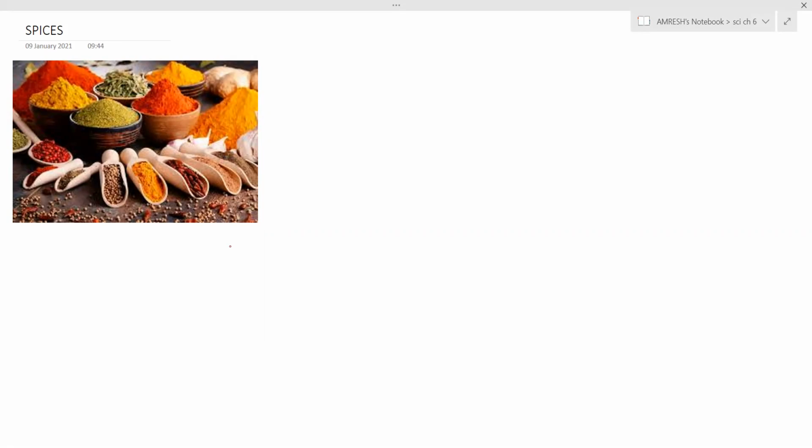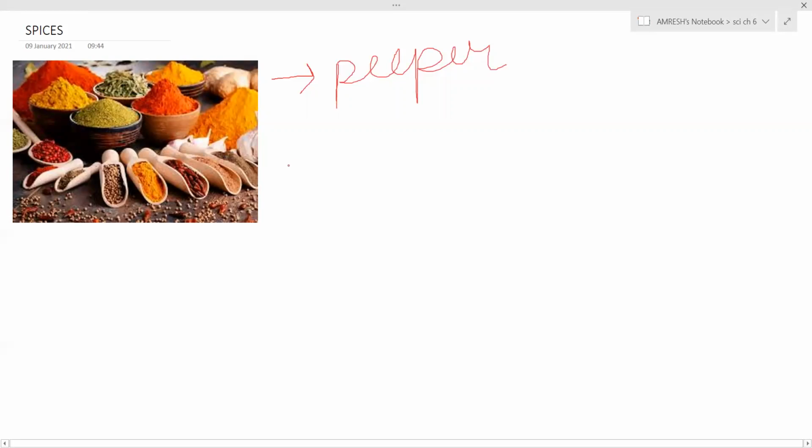Clove, cardamom, pepper. They all are the powder or obtained from some plant part. So you can write the examples: pepper, and turmeric, which in Hindi we say as haldi.